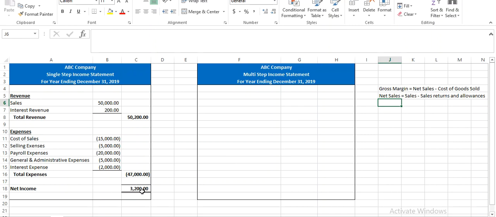The net income is going to be the exact same amount by the time we're done with the multi-step income statement. All of the figures here, which would be the figures in this column, we would transfer over into the multi-step income statement. So it's all going to just look different, but it's going to portray the same information in a different format.